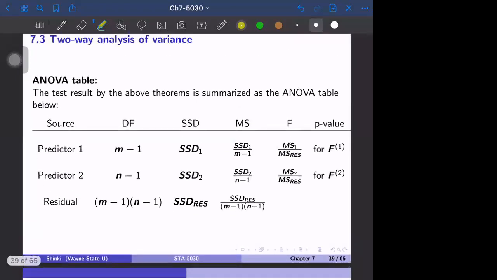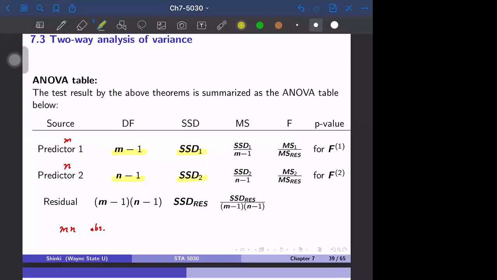And finally, we have a table to summarize all of these. At first, factor 1 has m levels and factor 2 has n levels, and in total m times n observations. Then the degrees of freedom for factor 1 is m minus 1, and for factor 2 is n minus 1. And the sums of squares are here.